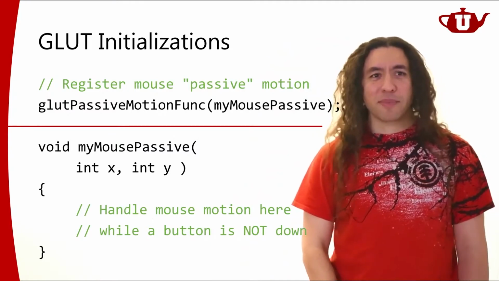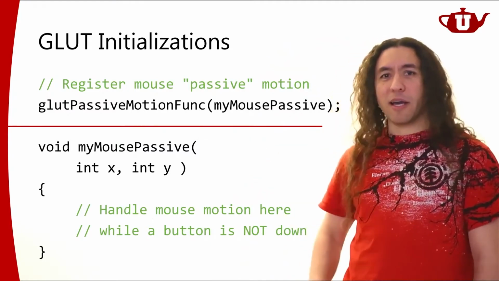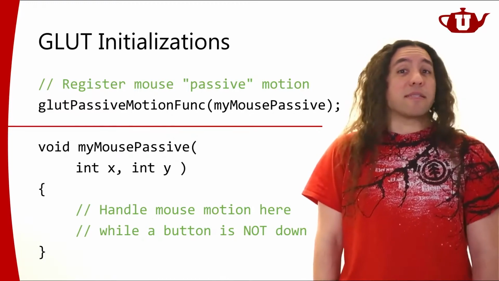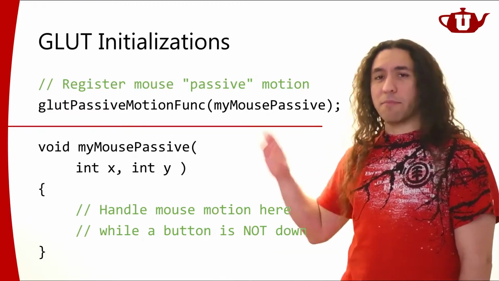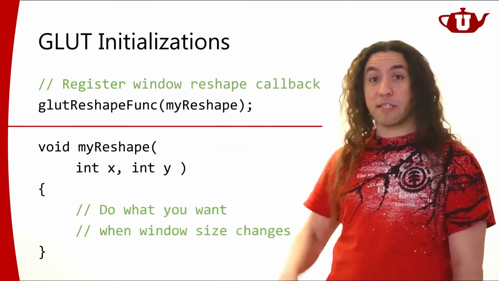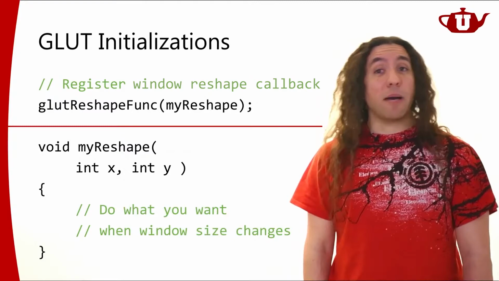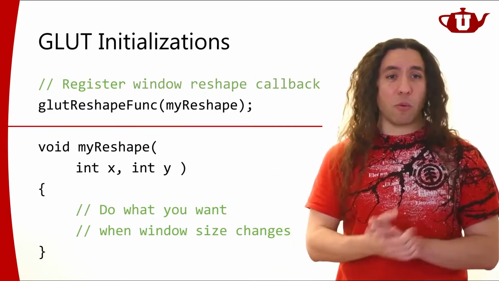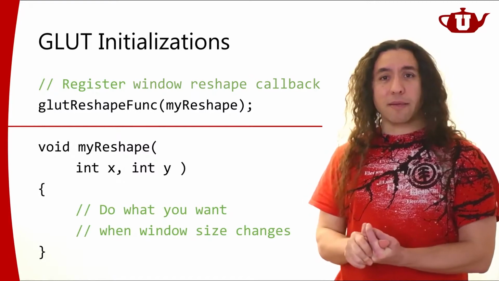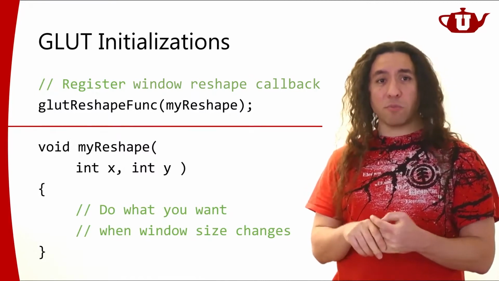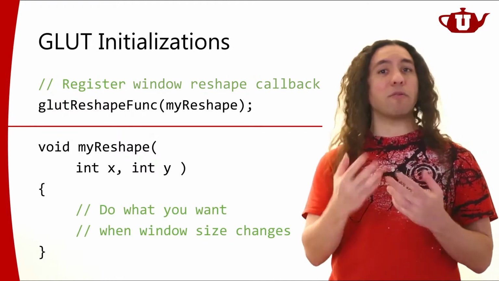Okay. So this is how I initialize all of my mouse-related inputs. There are other things that Glot has. There are a whole bunch of callbacks you can have. An example of that is this reshape function. For example, if you generated a window and the user decided to change the size of that window, you may think, like, why would I care? Well, you would care, actually, because that will impact the way that you will be rendering.